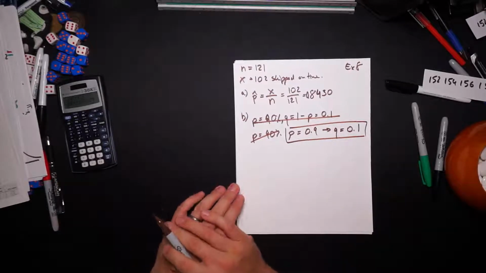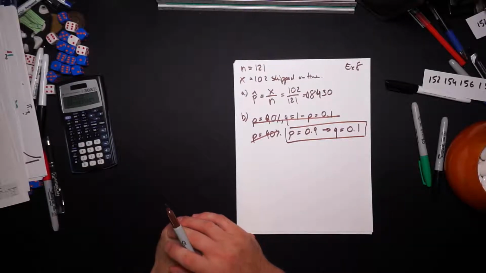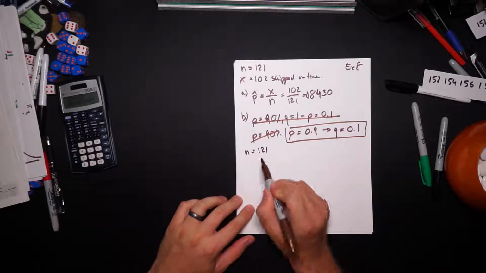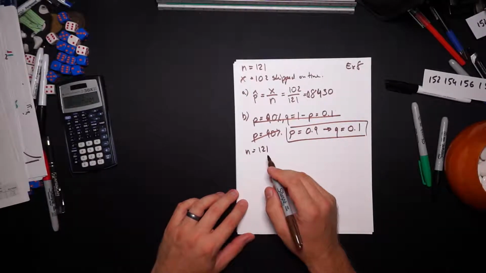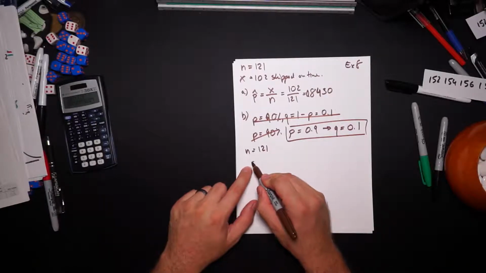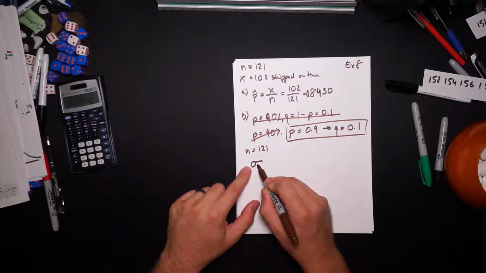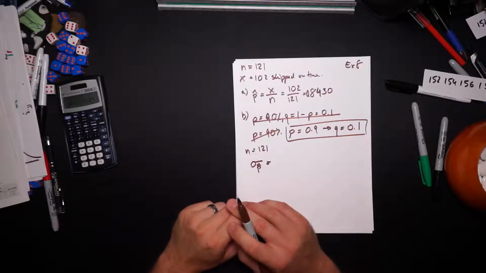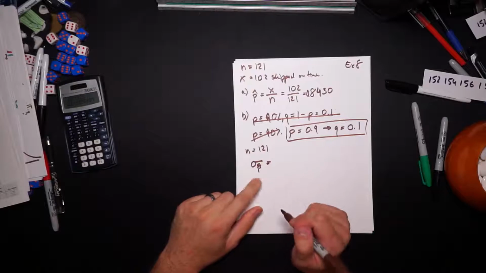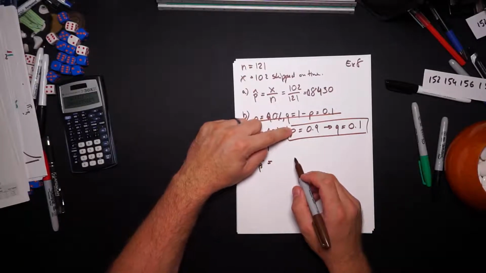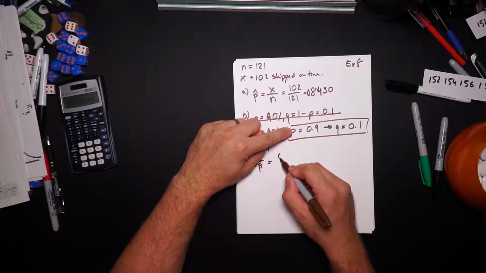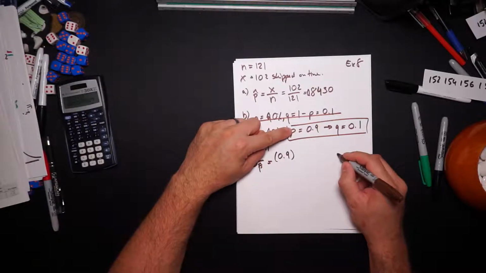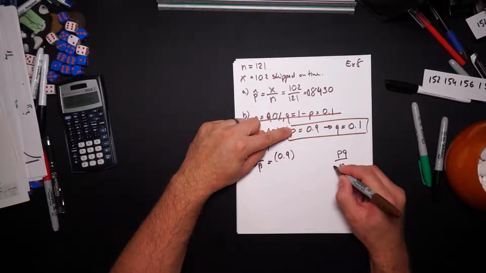N is 121, and we need to satisfy a couple of things. Well, first thing we need to do is this. They told us to use 90, so we're going to use 90. The formula is the square root of PQ divided by N, right?